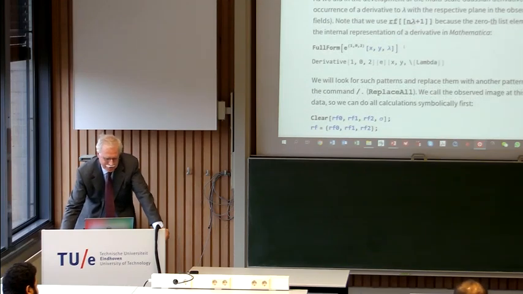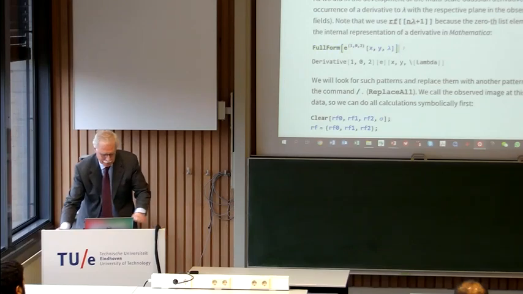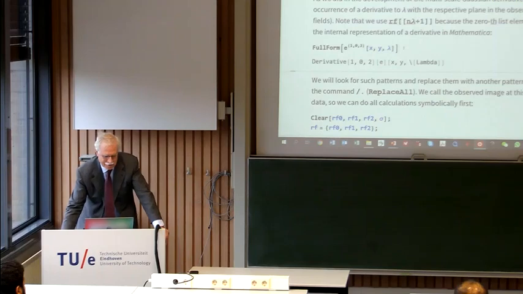If we look at this derivative, you see it is derivative to x and y and lambda. First time to x, 0 to y, 2 times to lambda. How it is implemented in Mathematica with the function derivative. How many times to e, to x, y, and lambda.